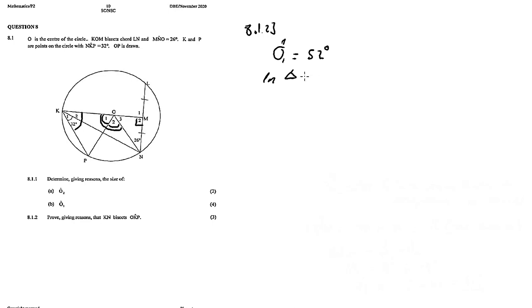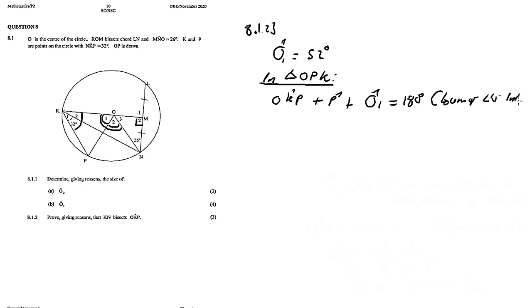In this triangle OPK, I can see that angle OKP plus angle P plus angle O1 are equal to 180 degrees, sum of angles in a triangle.